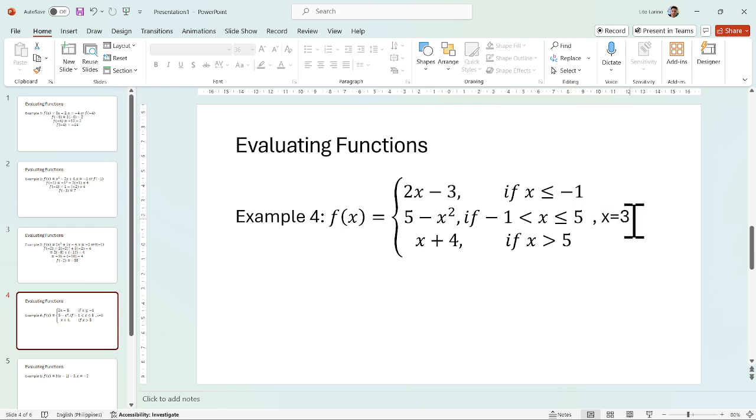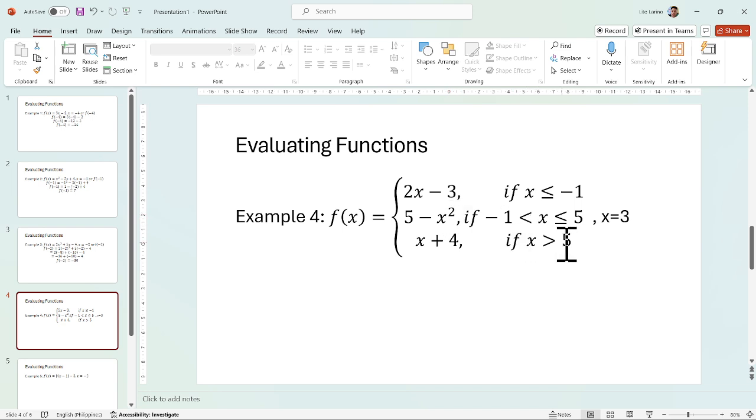Now, we are going to use the expression where our x is located. When x is less than or equal to negative 1, we will be using the expression 2x minus 3. When x is greater than negative 1 but less than or equal to 5, we will be using 5 minus x squared.